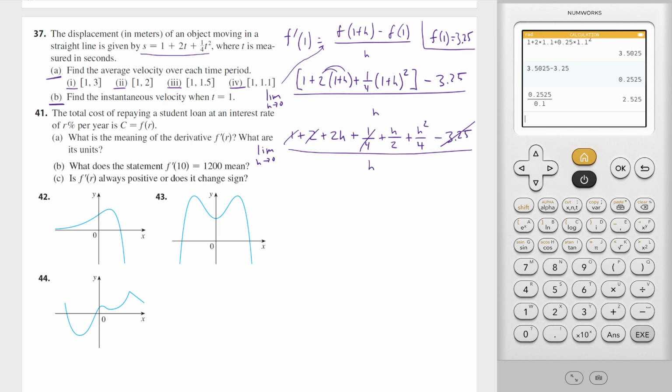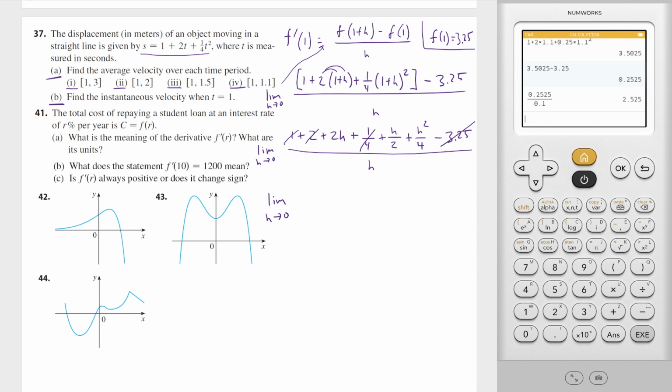So that's, what, 2.5h, I guess. Well, let's see. I'll multiply top and bottom by 4, and that way I'll get rid of all my fractions. Who loves getting rid of fractions?